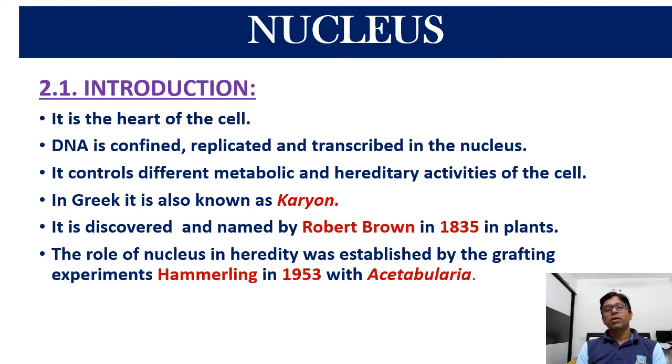The role of nucleus in heredity was established by the grafting experiments of Hammerling in 1953 with Acetabularia. Based on his research findings, he concluded that the nucleus plays a vital role in heredity.